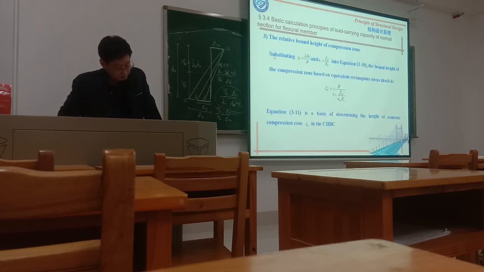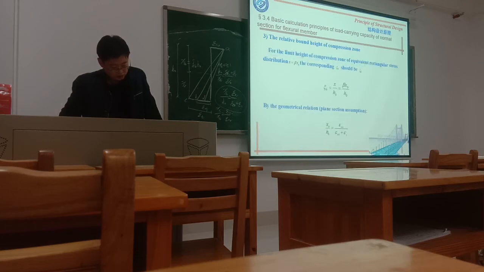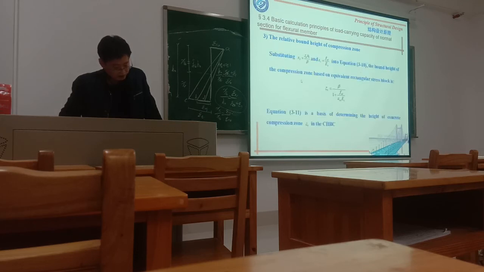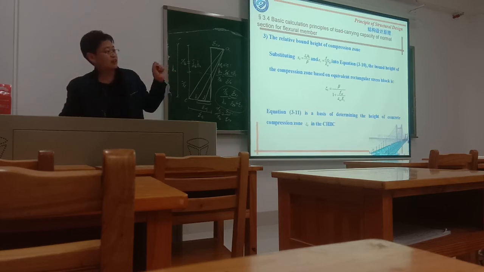So substitute xb and sigma y into the formula, the boundary height for the compression zone. You can get this value. You see, they replace the epsilon y by this, because fsd is the standard tensile strength of the reinforcement, and E is the modulus.